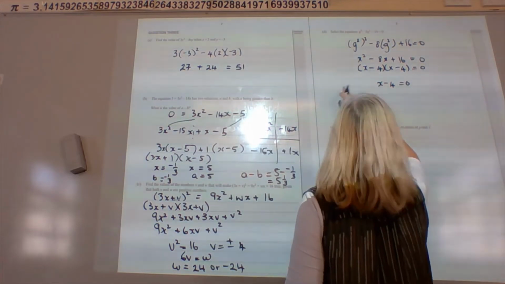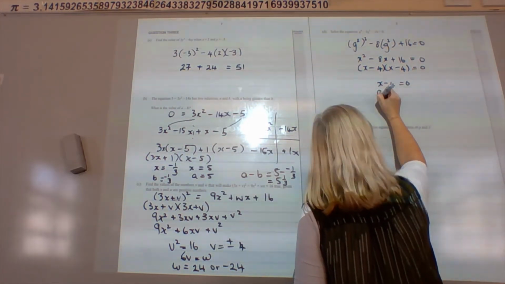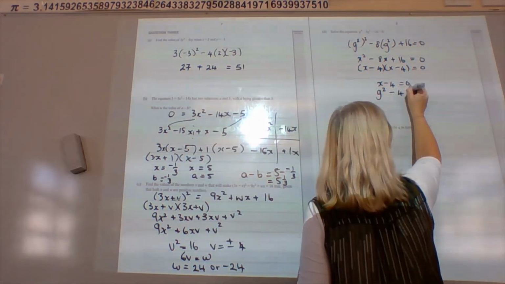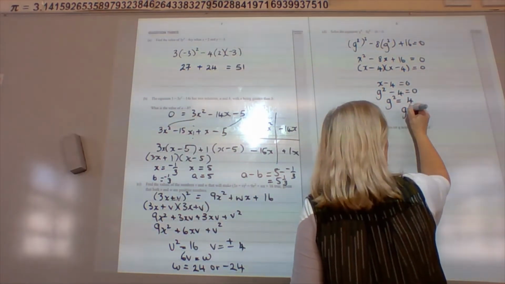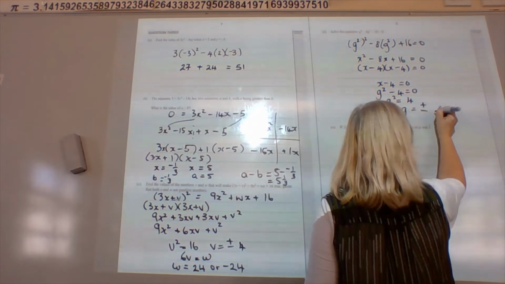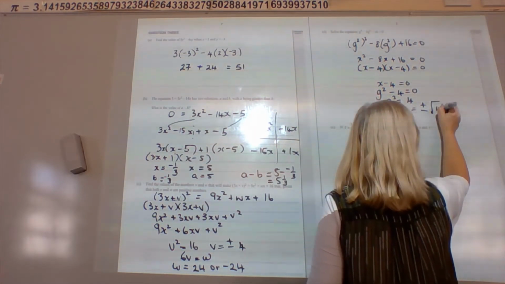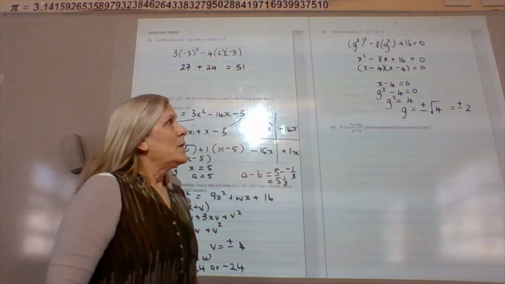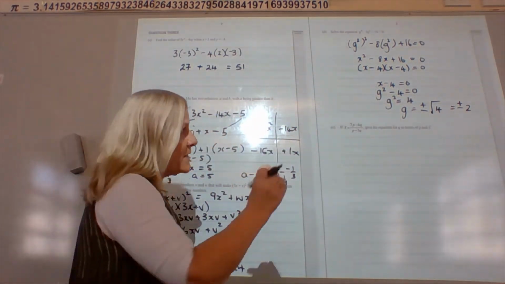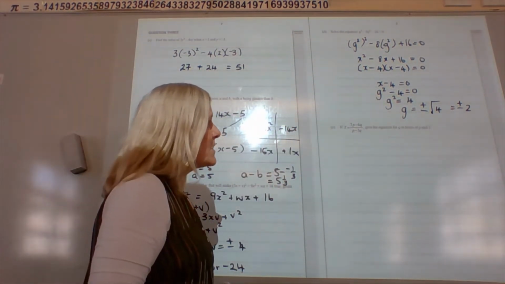But x is actually g squared, so it's g squared minus 4 equals 0, g squared equals 4, so g equals plus and minus the square root of 4, which is plus and minus 2. All right, so there's a little trick there, but it's actually quite easy once we get that bit done.